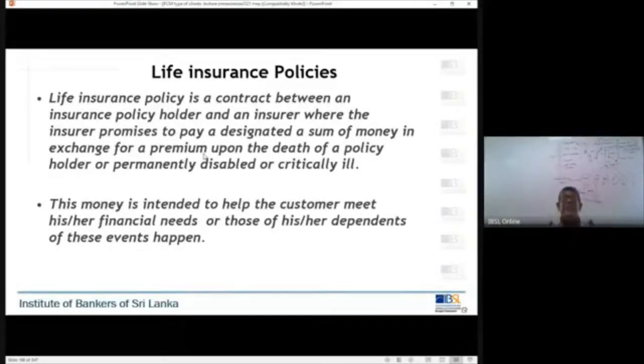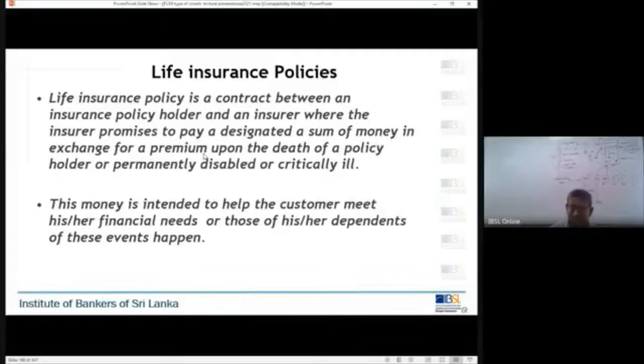Now, it is a contract again. A life insurance policy is a contract between the policy holder and the insurer, like me or you with, say, Sri Lanka Insurance Corporation. So they are the insurer, you are the insurance policy holder.